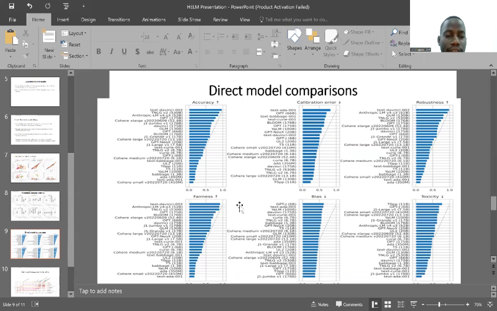Then we have fairness, and in fairness, we also see that text DaVinci performed the highest, which means text DaVinci is quite fair with its predictions. And then we have Anthropic again, following DaVinci, and then TNLG V2 or version 2.